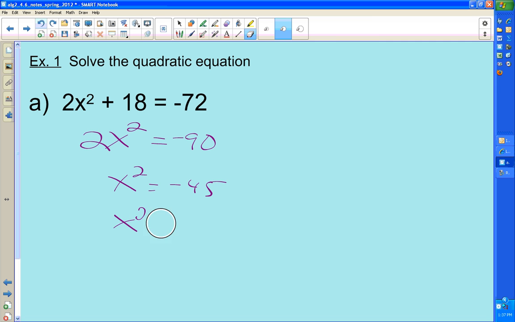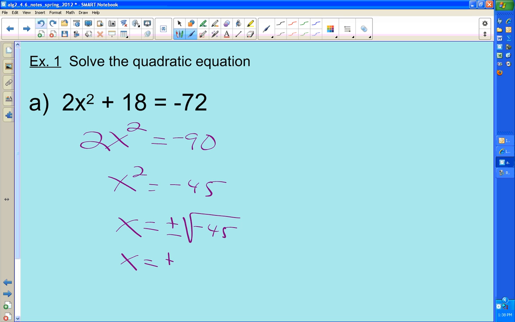If we square root both sides, x is going to equal, technically, what should I put here? Plus or minus the square root of negative 45. Where the trouble comes is that it's a negative under the radical, and we've always said, can't do it. Now we can do it. Good guys and bad guys. What's the good guy factor of 45? 9.